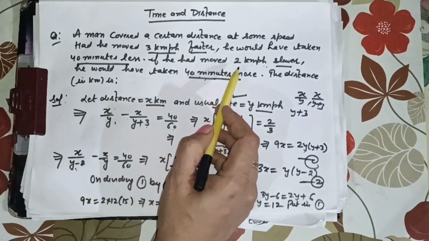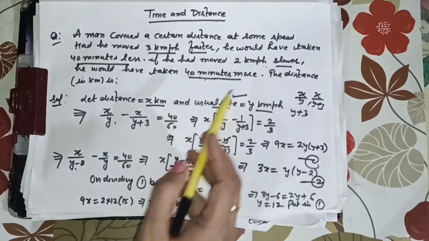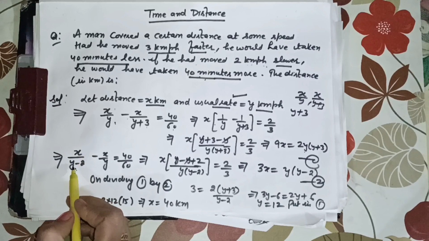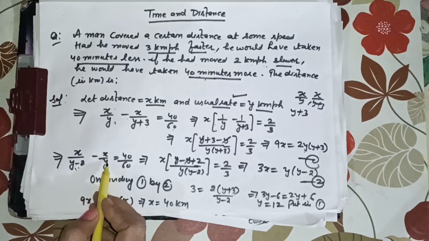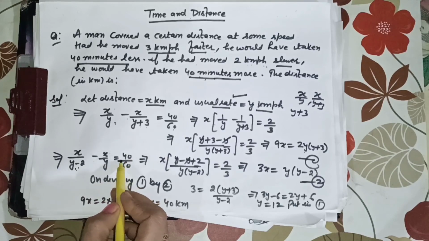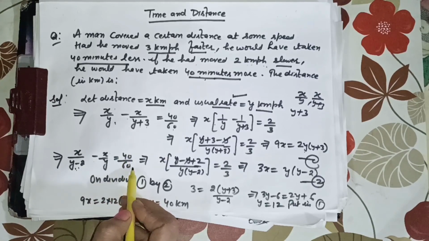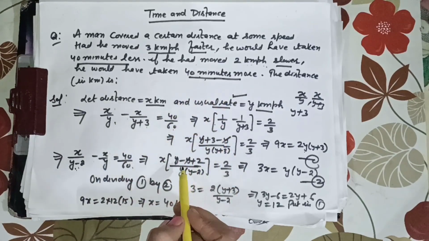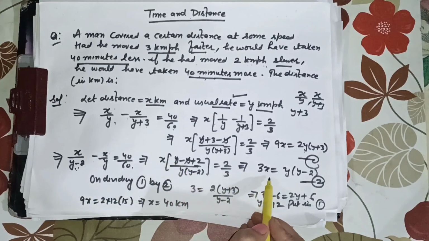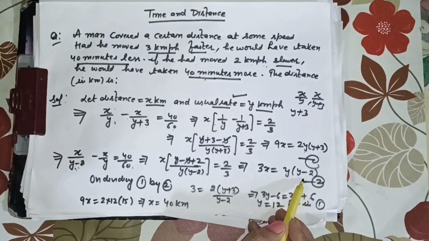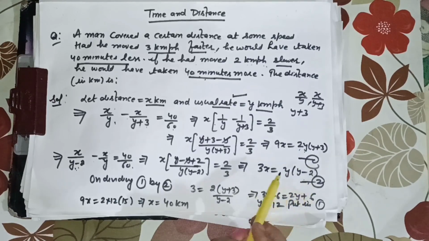As mentioned, it takes 2 kilometers per hour slower, so the equation will be x over y minus 2 minus x over y, the normal time, equal to 40 over 60, again because everything is compared with the 40 minutes. After solving this equation, I am getting 3x is equal to y(y minus 2). So this is the first equation, and this is the second equation.